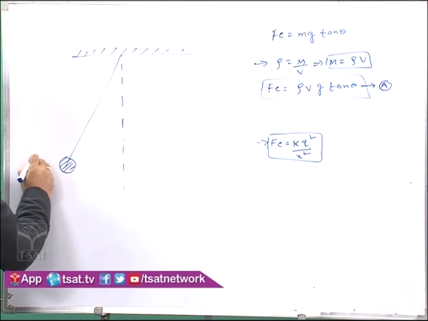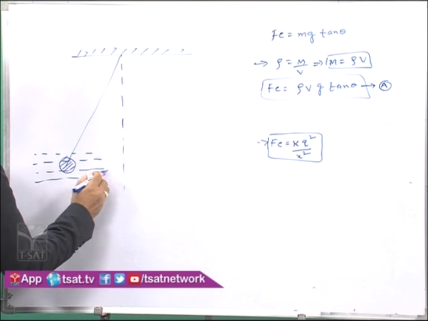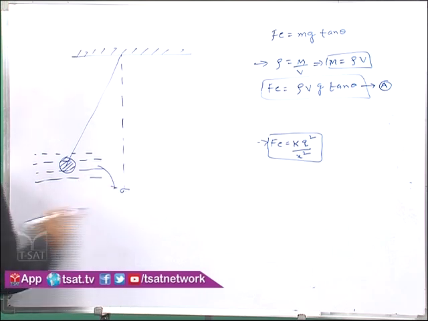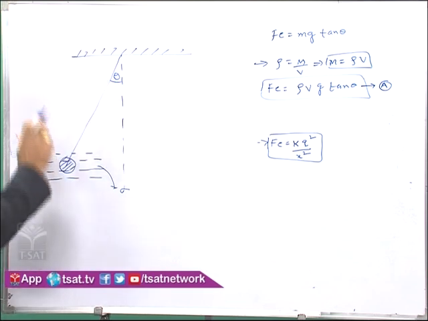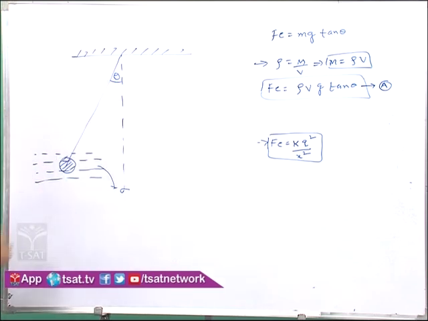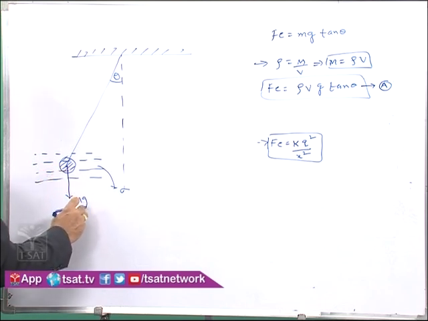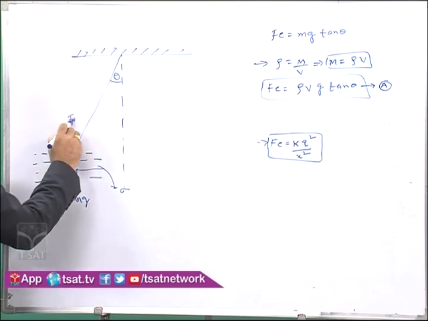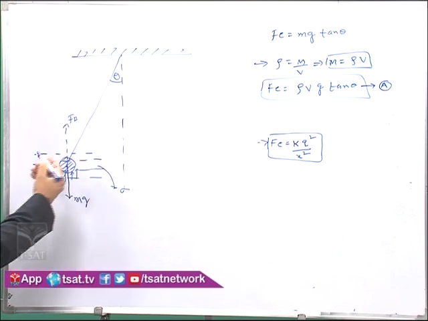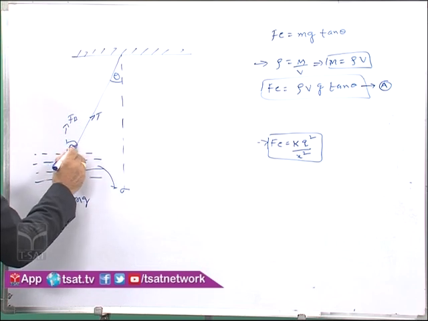This ball is immersed in a liquid with density sigma. Theta does not change in the liquid. In this case also, the weight of the ball is acting in the downward direction. The buoyant force due to the liquid, Fb, is acting in the upward direction, and the tension force is also acting upward, making some angle theta.